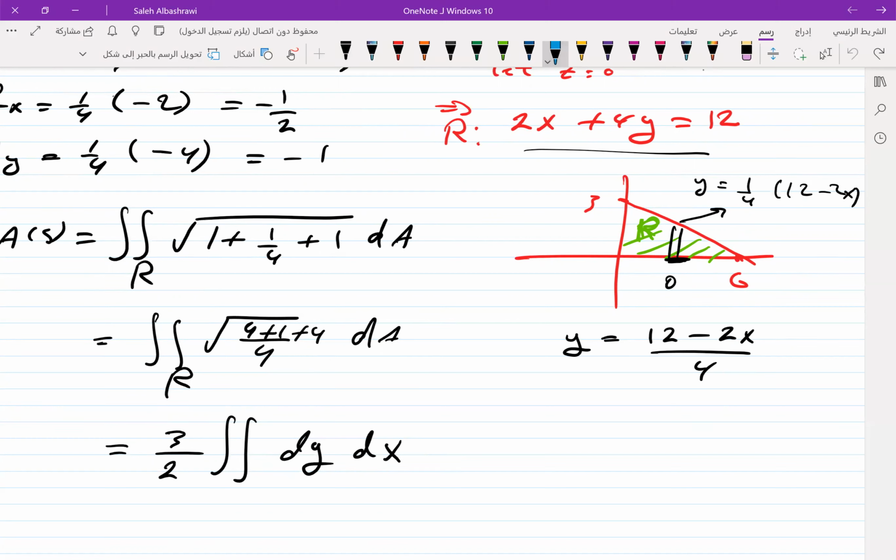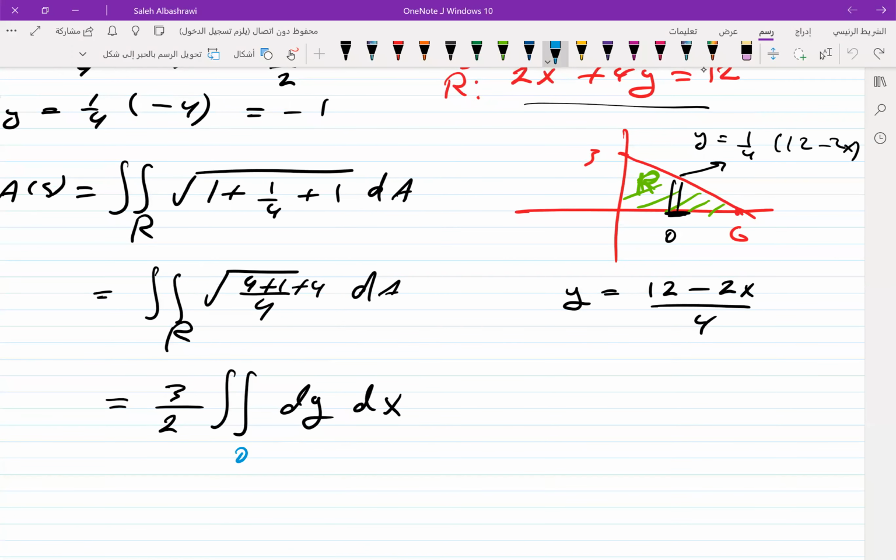So the limits for the y variable are 0 and 1 over 4 multiplied by 12 minus 2x. For x, it starts from 0 up to 6.